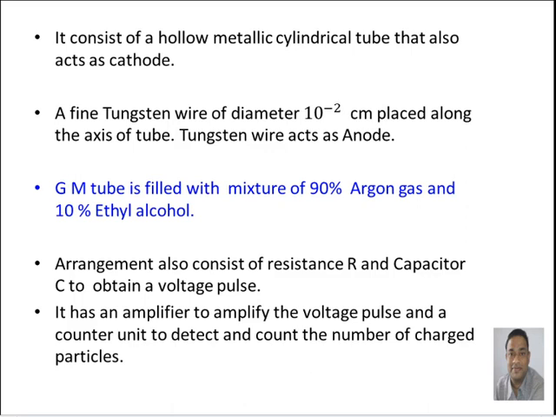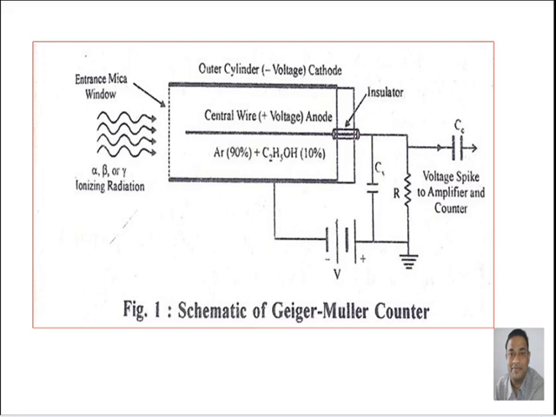The GM tube is filled with a mixture of 90% argon gas and 10% ethyl alcohol in gaseous form. The arrangement also consists of a capacitor and a resistance, so that a voltage pulse can be obtained across the resistance. This voltage pulse is of very low magnitude, maybe millivolts or so.